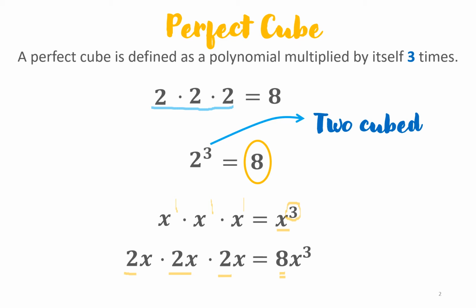Next, yung x times x times x, isusulat mo lang yung variable and then i-add mo lahat ng exponent. 1, ito ay 1, that is 1, 2, 3. So, 3. Tama?